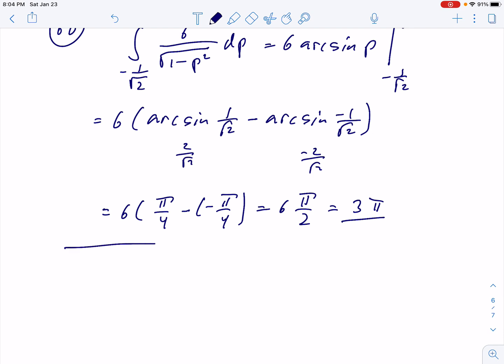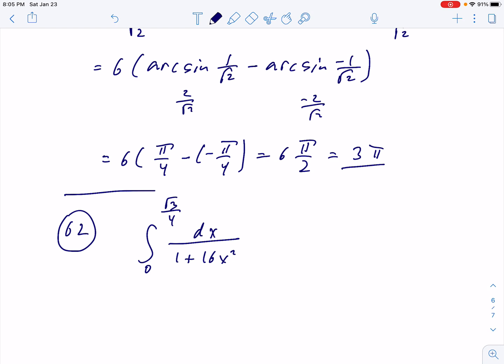Okay, another example, 62. Evaluate the integral from 0 to root of 3 over 4 of dx over 1 plus 16x squared.